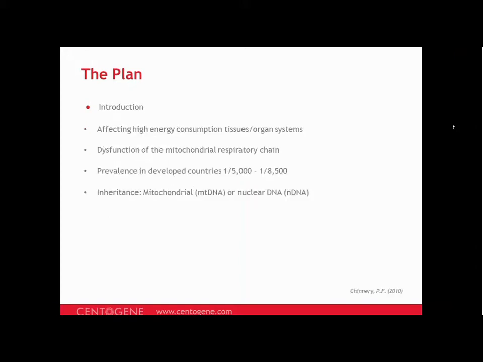Okay, so mitochondrial disorders are a group of related, clinically diverse genetic diseases. Their effect is mainly seen on high energy consuming tissues and organ systems, because mitochondria is the main place where aerobic metabolism occurs.